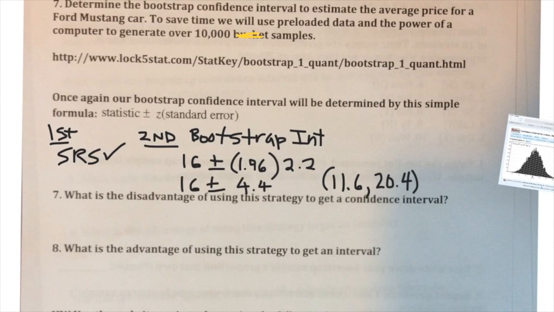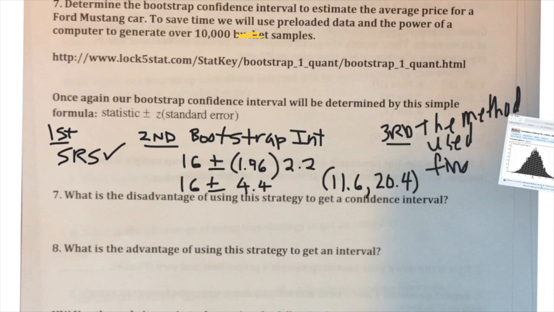And then the third step, just like the third step for the entire chapter, the method used finds, well, here we're looking for the average price 95% of the time.